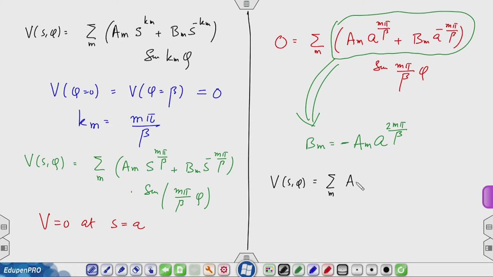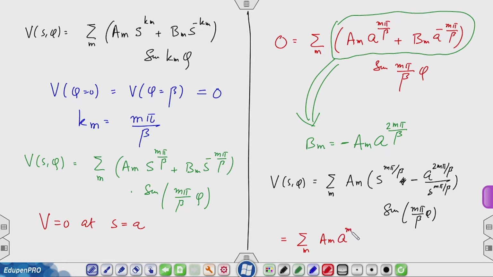And therefore, the solution for V s phi is going to be summation m. I can take out A m now and write s raised to m pi over beta plus, this will be the minus sign, minus a raised to 2m pi over beta divided by s raised to m pi over beta, sine of m pi over beta phi, which can be written even more succinctly as summation m a m a raised to m pi over beta in the brackets s over a to the m pi over beta minus a over s to the m pi over beta sine of m pi over beta phi.